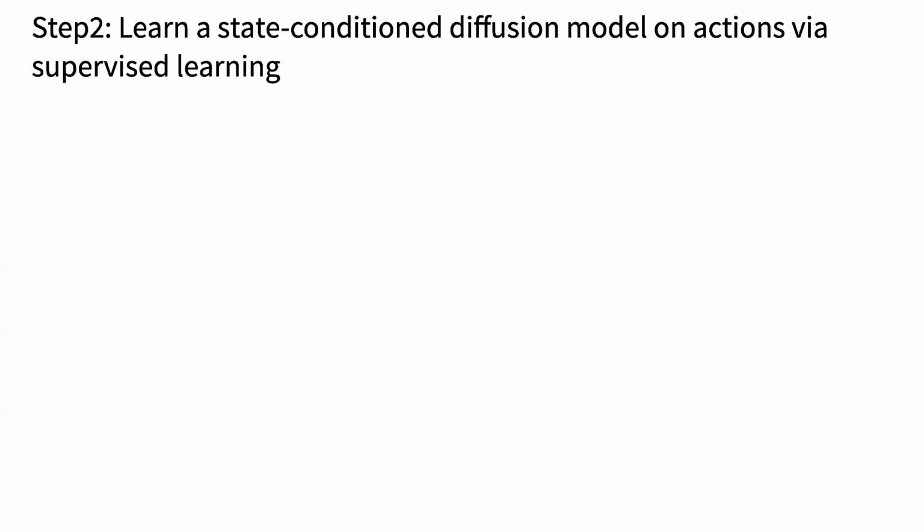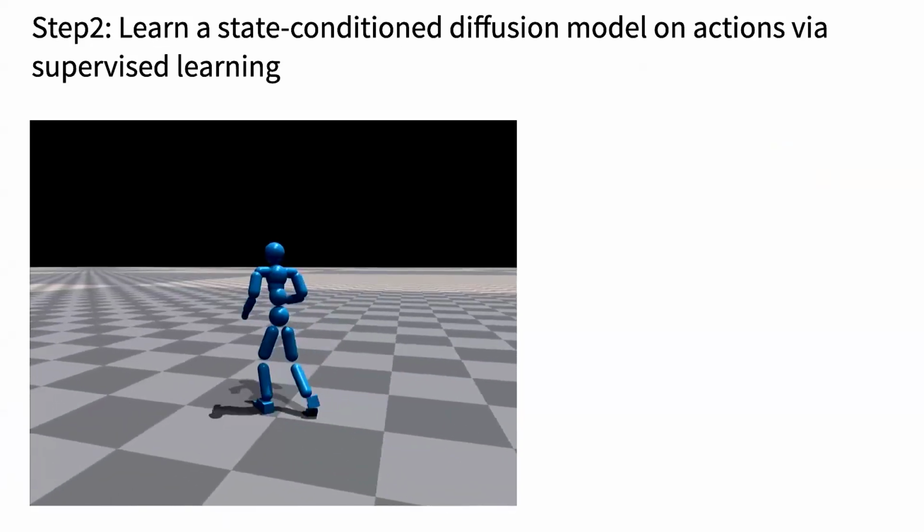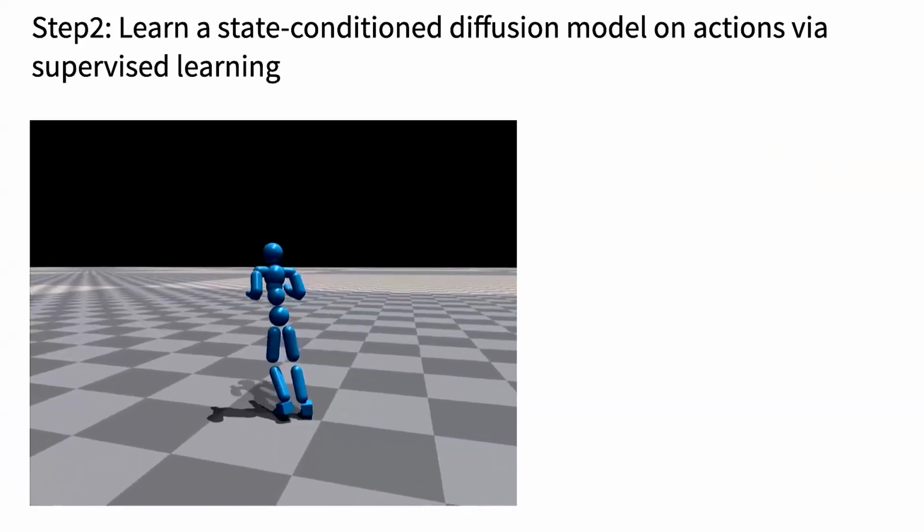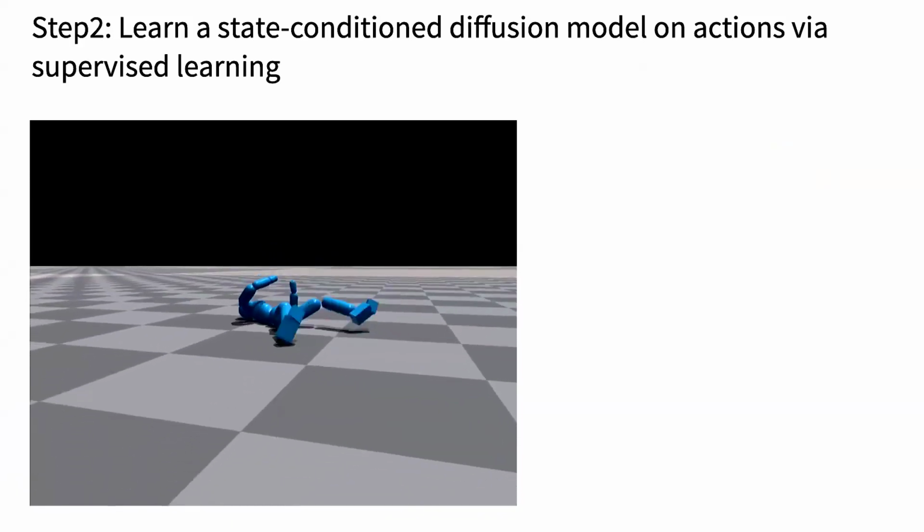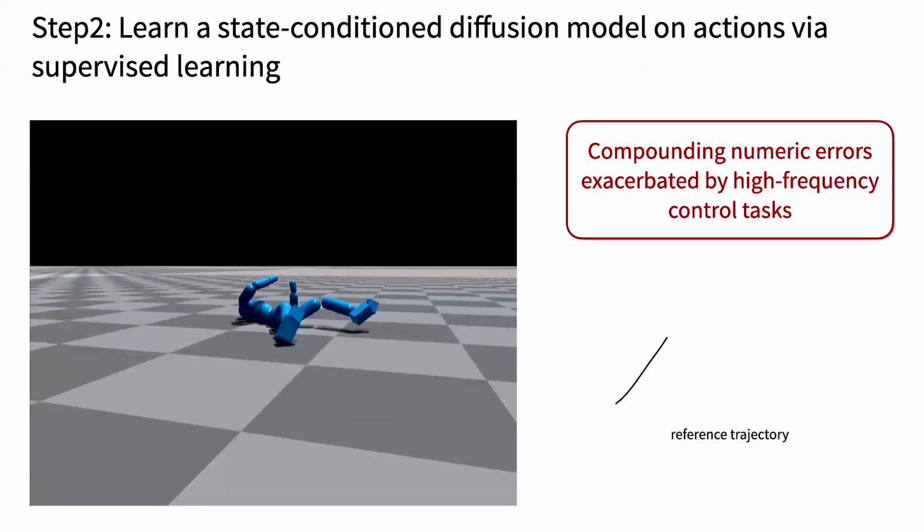Now step two is that with that data set, we can train a state-conditioned diffusion model on actions. But when we try that, it immediately fails. The reason is the numerical error we were dealing with for high frequency tasks. In a lot of manipulation tasks we see a lot of success with diffusion policies because they're in a relatively low frequency regime.